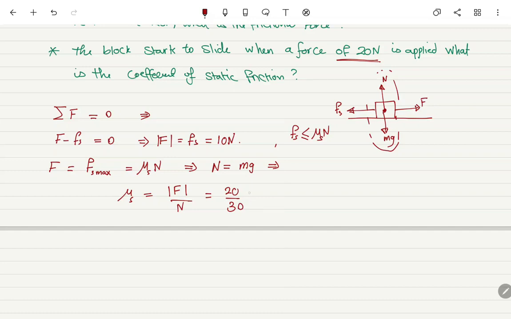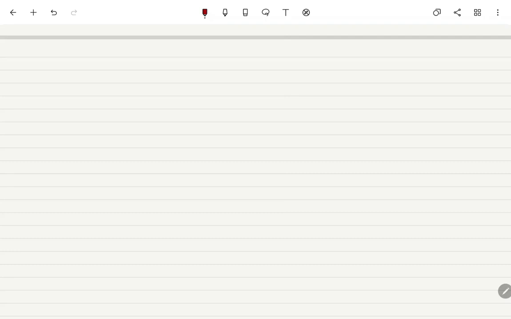And remember, the coefficient of static or kinetic friction is dimensionless, or unitless. Let's consider this case here.